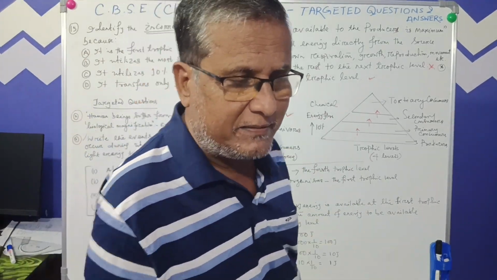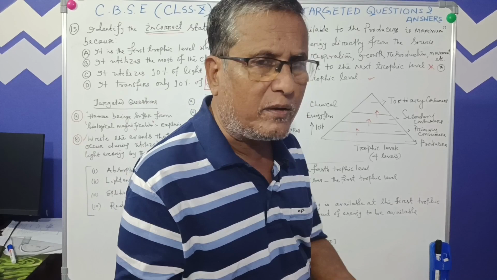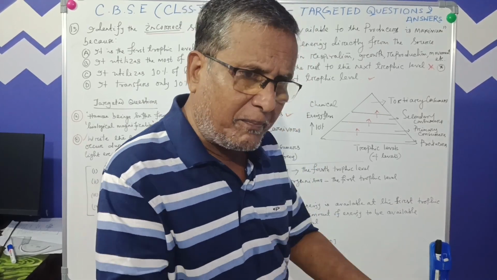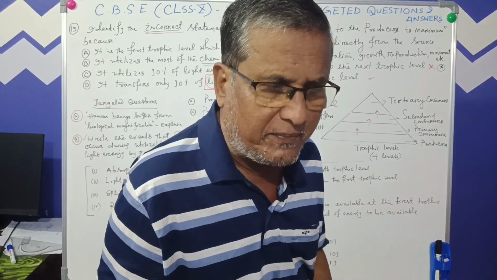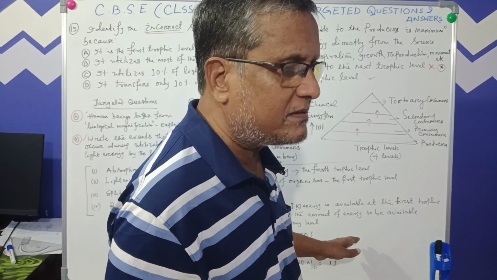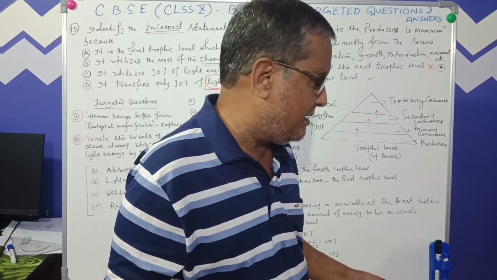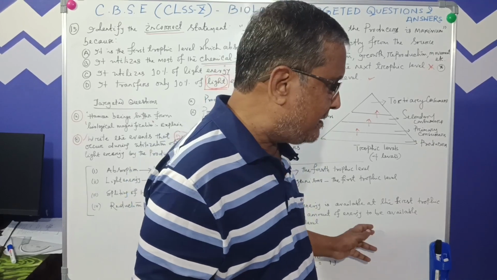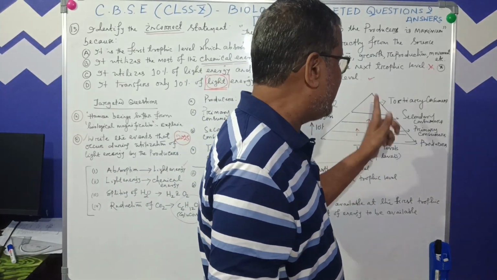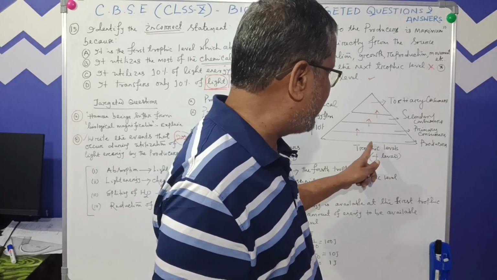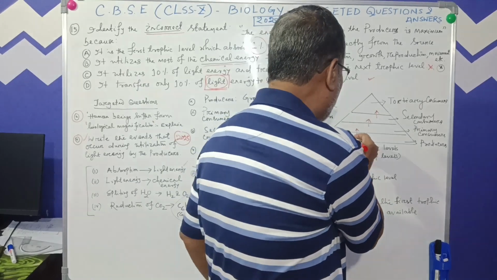You see, there is biological magnification. What happens? Let me explain. We use chemicals and pesticides to grow crops. The plants absorb these chemicals and pesticides, the harmful substances, through the soil, and the aquatic plants gain them from water. That harmful chemical substance enters our food chain, our trophic level. It enters the first level.